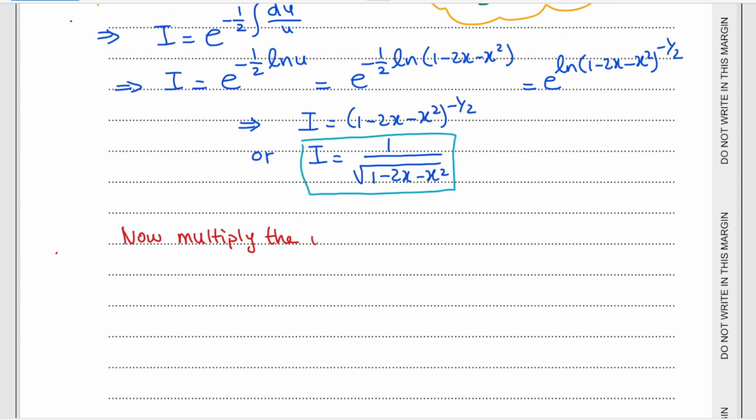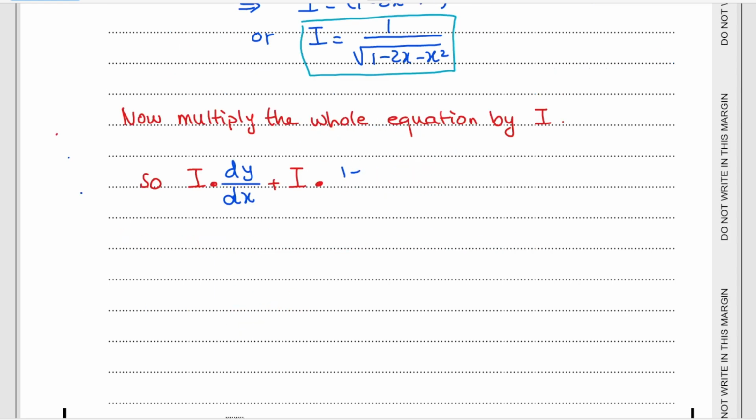Now I'll multiply the whole equation by I. So I times dy/dx plus I times (1 + x)/(1 - 2x - x²) times y equals I times 1. A common mistake here is to forget to multiply I by the right-hand side.